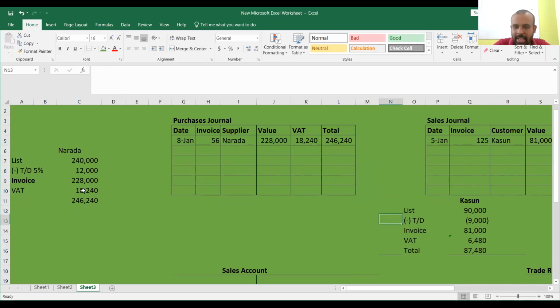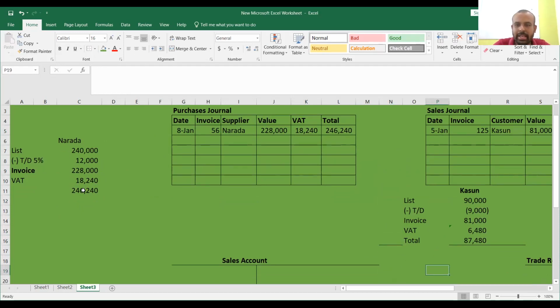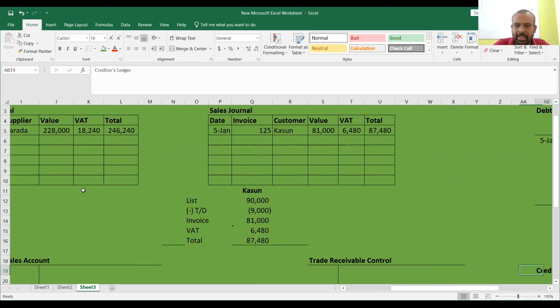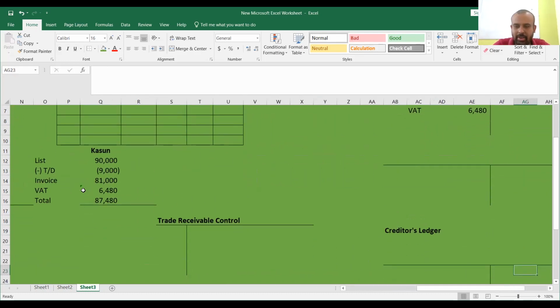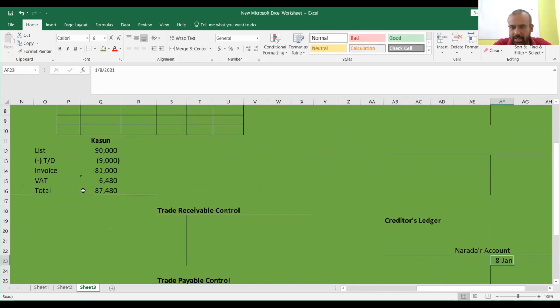Same on the same day you need to update the creditors ledger. Narada's account need to be updated. Remember, individual ledger account must be updated soon after the transaction takes place. Then Narada's account should be credited on 8 January.